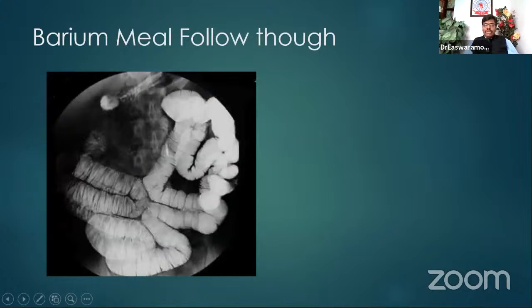Coming to the next quickly, when the barium goes into the small intestine, to have a good view of the small intestine, sometimes we give anticholinergics. Okay, Buscopan, that is a thing. So you are giving hyoscine. Next important thing is, what about the clarity of the small bowel? For that we can do one more thing.